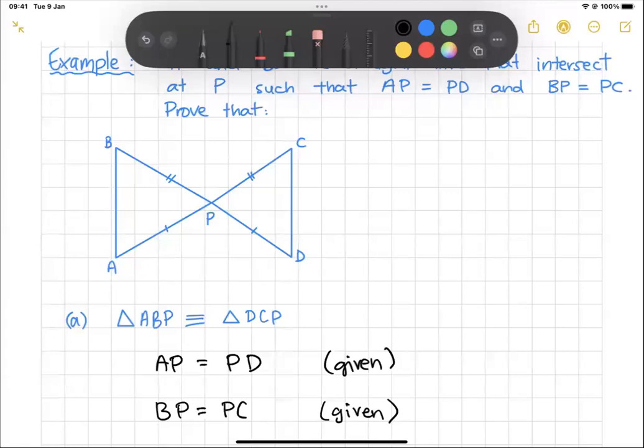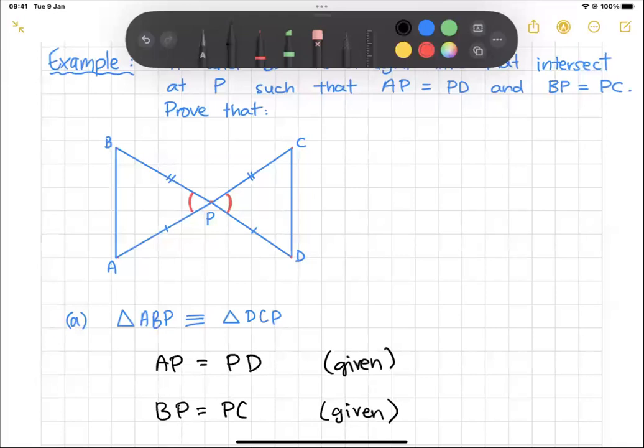Let's try and see. Okay. This angle here, angle CPD, should be exactly the same as angle BPA by that reasoning of vertically opposite angles, right?